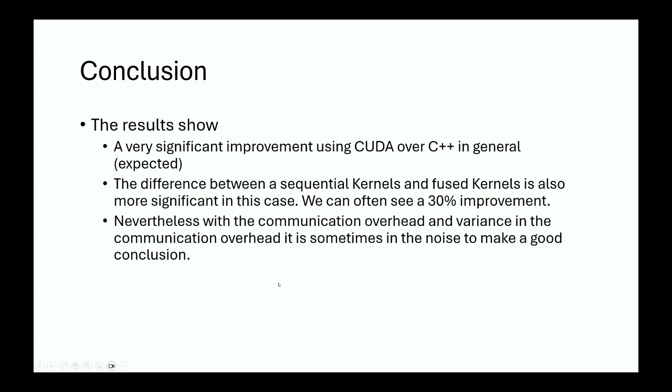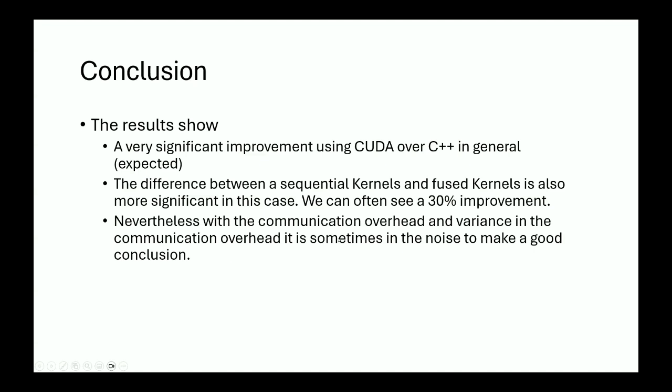Nevertheless, with these types of operations where you have some pooling function and an activation function, you send the data to the GPU, and the communication overhead is really dominating and shows the huge variance, and I would say noise.